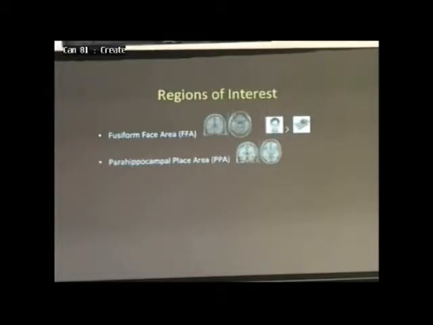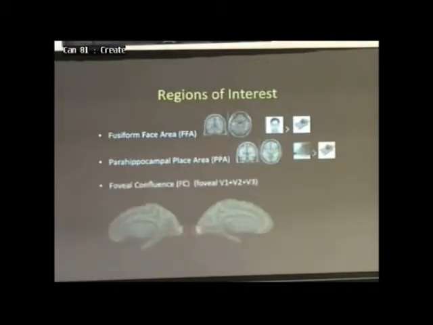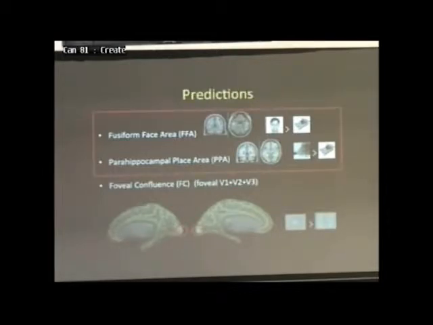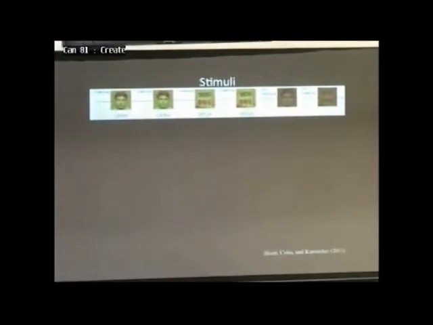This is a region that responds preferentially to places, scenes, and buildings. And we also identify this early part of the visual cortex, the foveal confluence. And once again, the hypothesis is that if any of these regions is causally involved in determining your conscious perception, then we should be able to find these regions to become predictive about your subsequent percept.